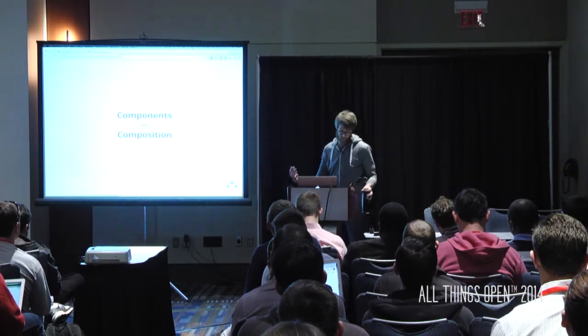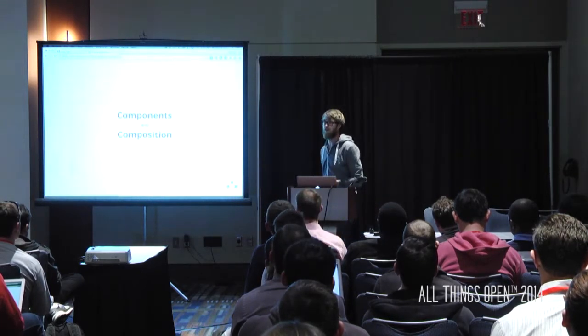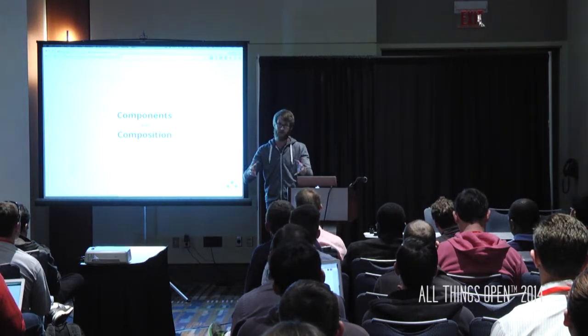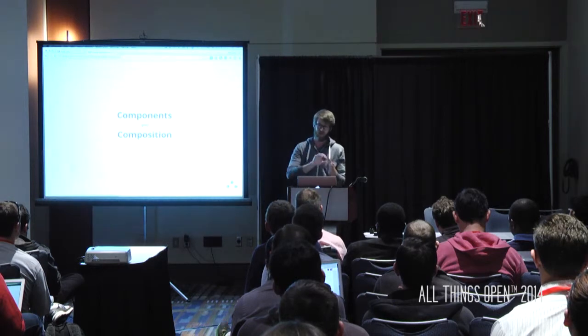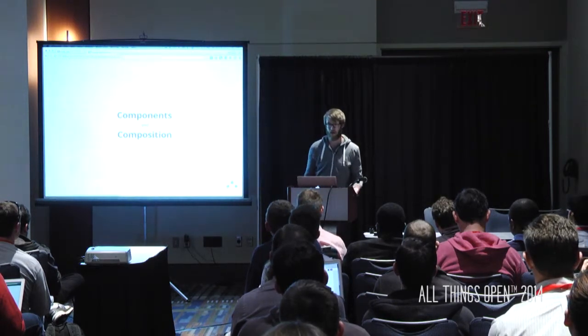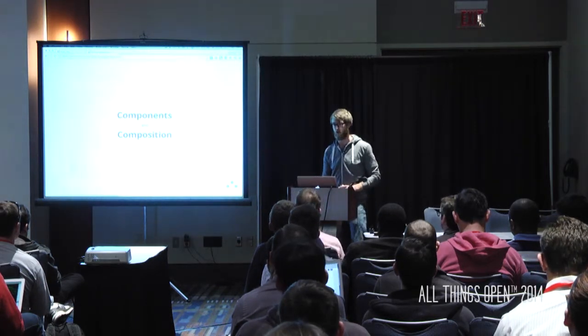And then lastly, the components and composition of these components. Once again, we're back to our typical tab component. That component is, in and of itself, one thing, but it has arbitrary things inside of it. So how do you compose those arbitrary things inside of it in a sane manner that's easy to maintain, easy to move forward, and easy to add or remove functionality as requirements change?